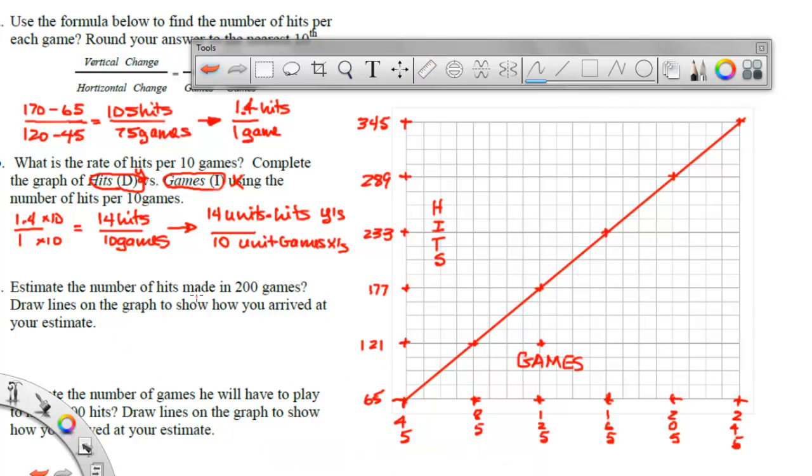So it says estimate the number of hits made in 200 games. Well, games is along the x-axis. Well, I know this is 205 games. Well, that's close enough to 200. So what I'm going to do is follow this line up.